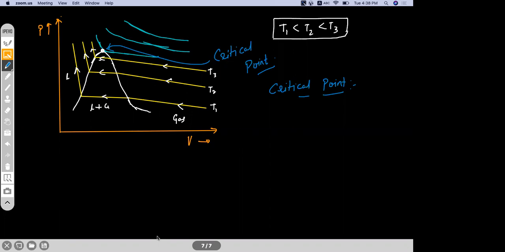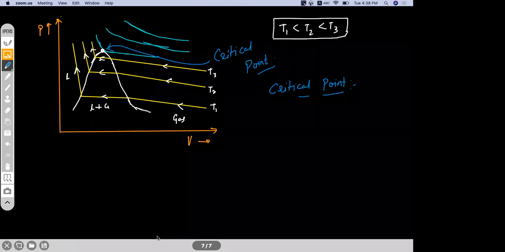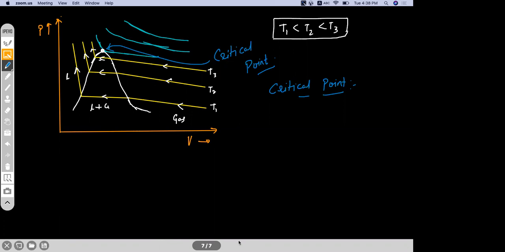Yeah, so we're talking about the critical point, right? So what is the critical point? How do we define it? Write down, it is the condition below which the liquefaction of gas is possible.